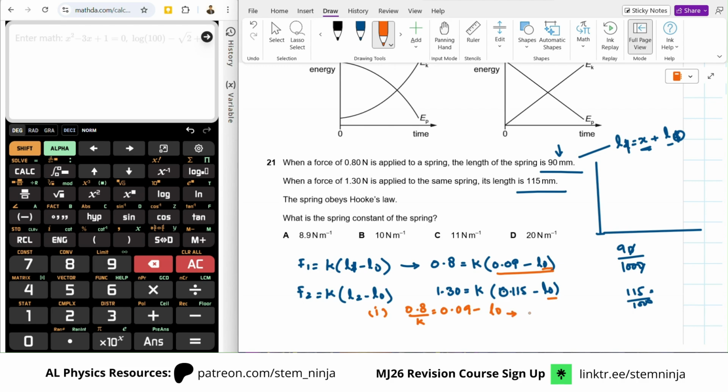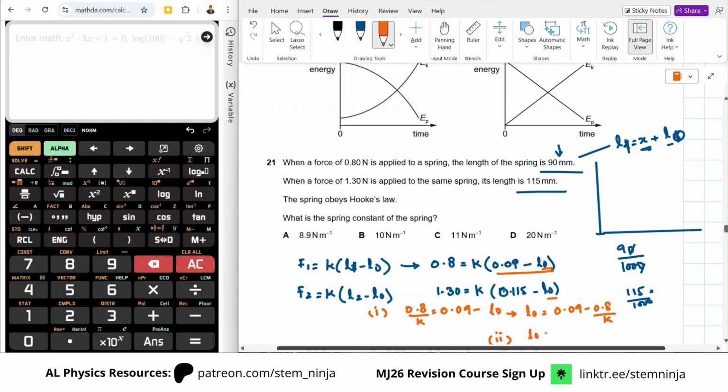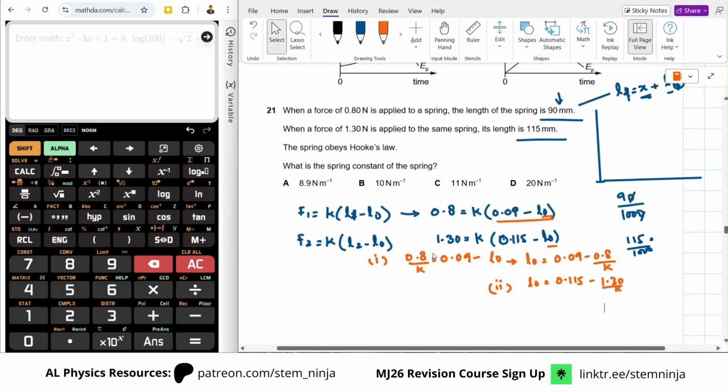So L0 would be 0.09 minus 0.8 over K. The second one would be L0 equals 0.115 minus 1.30 over K. Now, just to make sure that we got it correct, otherwise we'd have to do this again. All right, now we equate these two.